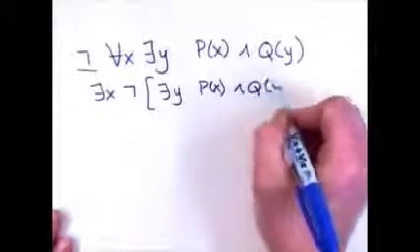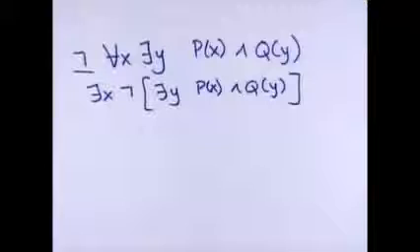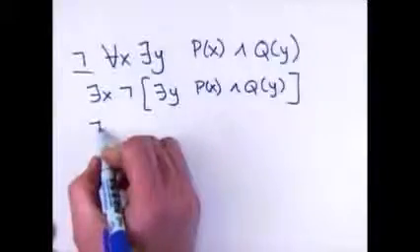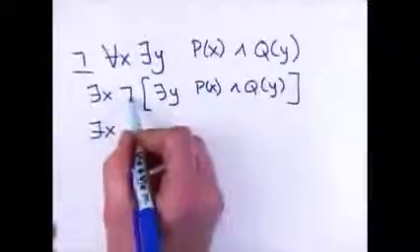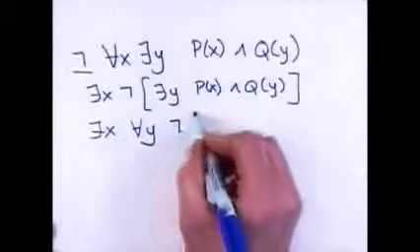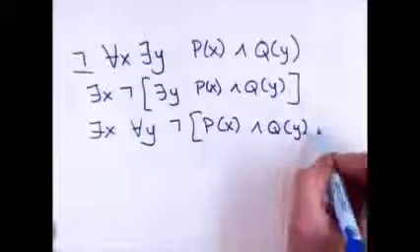So I'm going to do this one step at a time because then I won't make any mistakes. If I apply DeMorgan's again, I get there exists x, and this not applied to the there exists gets a for all y, and then I negate the contents, which is p of x and q of y.